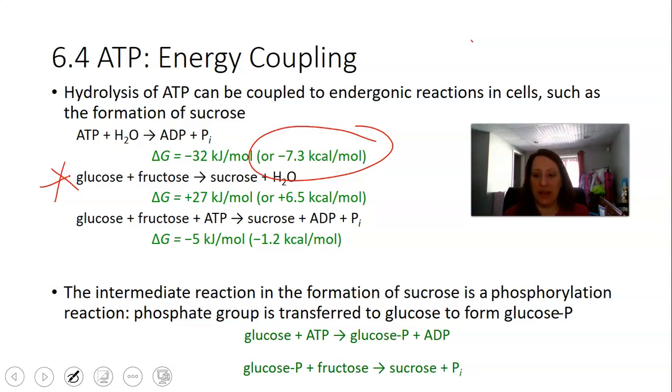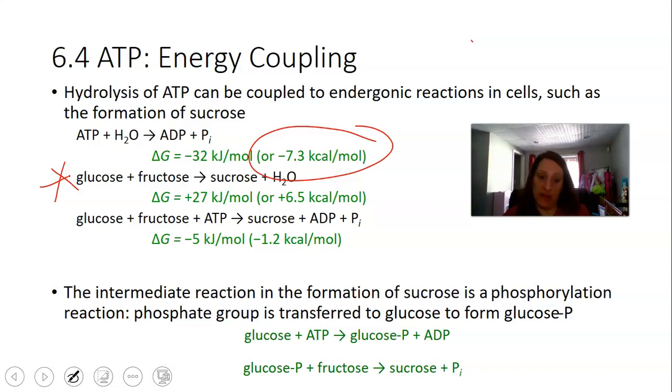Remember, we learned about that back in chapter 3. We will make the disaccharide sucrose. We will also release water in that process. That reaction, going from 2 monosaccharides to a disaccharide, is an endergonic reaction. It's a buildup or anabolic reaction. We're building something larger from 2 smaller subunits.